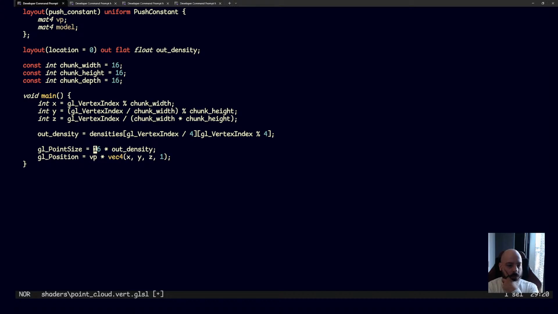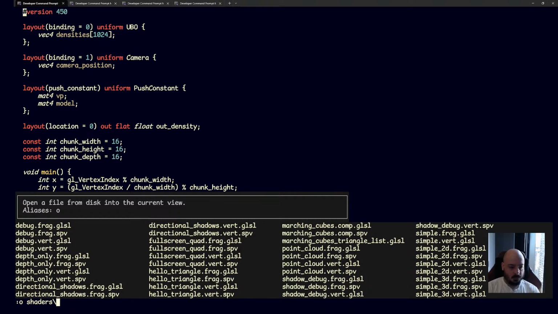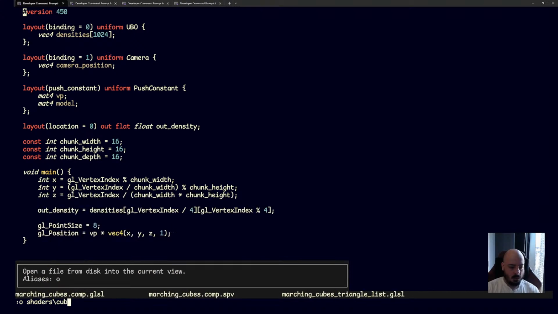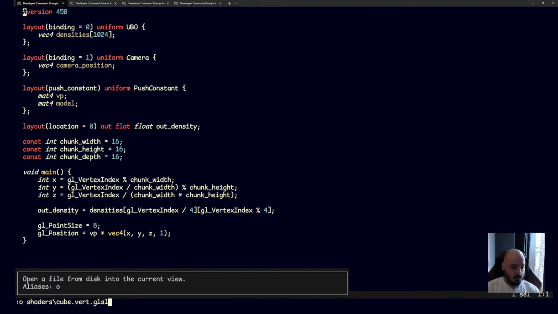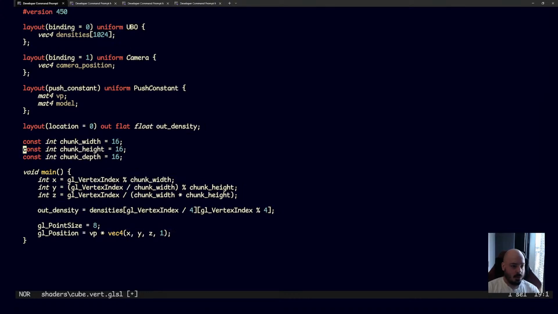Okay, why don't we try that? We'll try rendering a cube. So I'm just going to put this back to 8. Gonna say great, good job. We're gonna make a cube renderer. Gonna grab this. It's gonna be pretty much the same, except we don't need a point size.